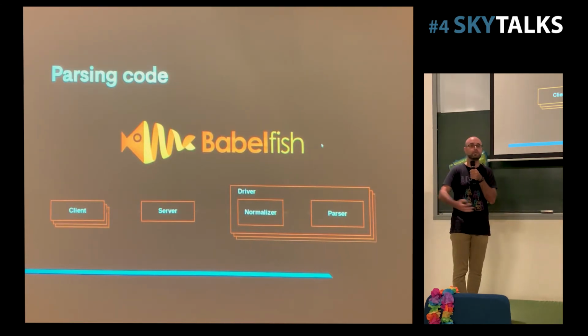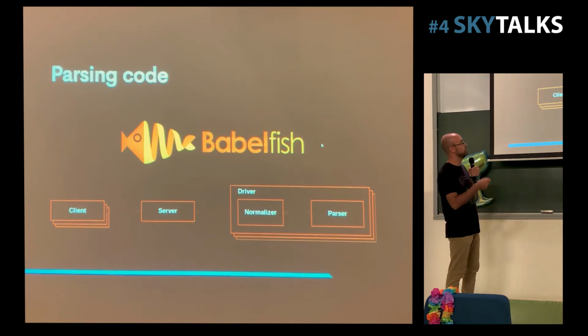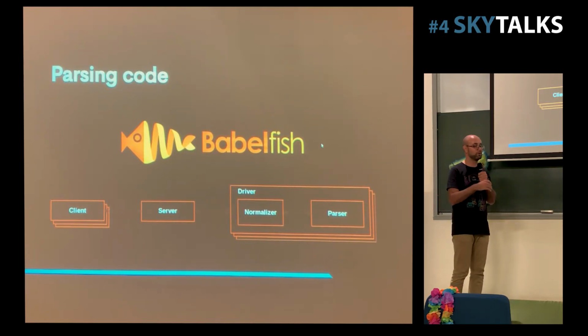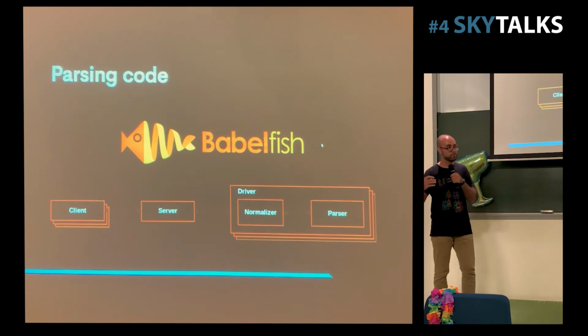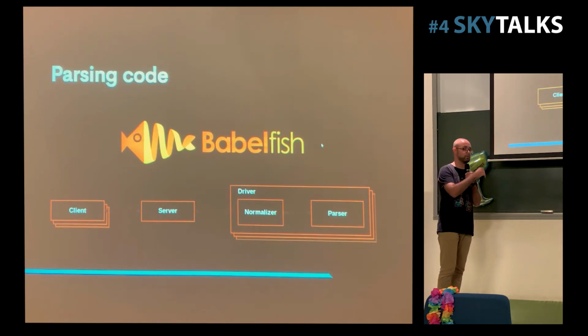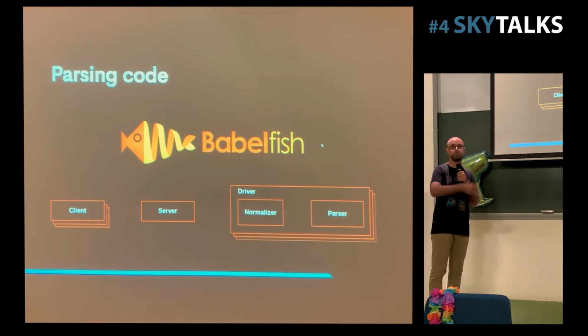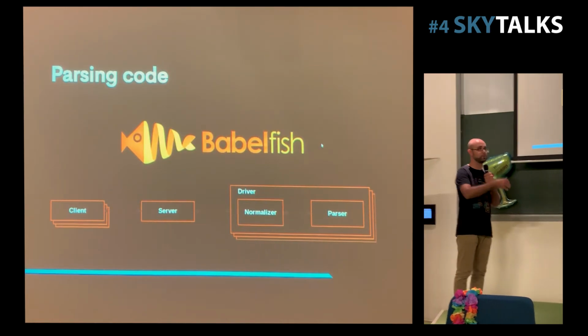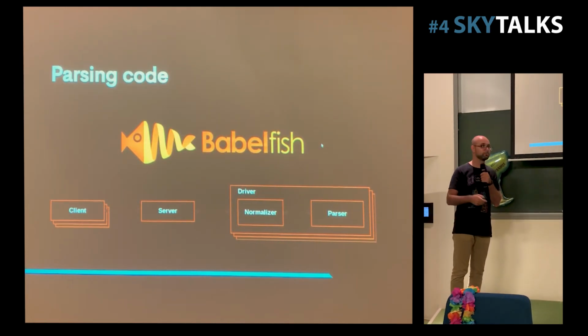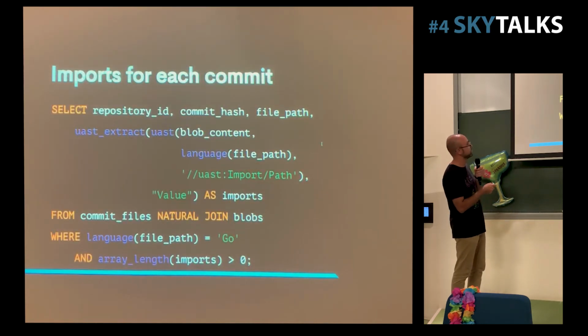How would you deal with that? It's completely unmanageable. So Babelfish tries to unify all the languages and find the entities which are similar for each language, and exposes an API to access all of them at once, without having to write an SQL query for each type of language. And this is how it works.